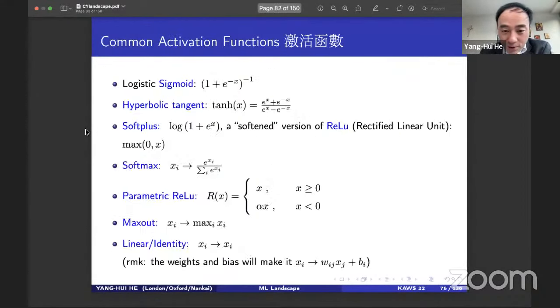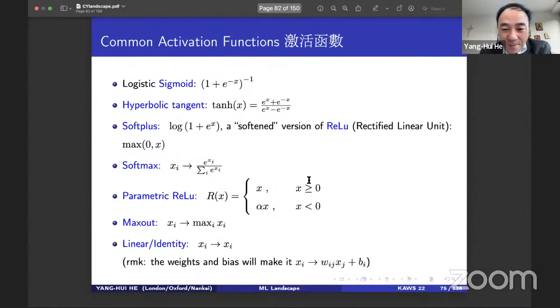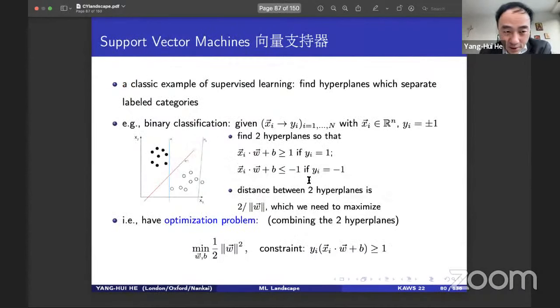I told you I divided it into supervised and unsupervised learning. There's another one, which is sort of my favorite thing, and that's not a neural network, and it's the so-called support vector machine, which I'll mention later on. I like this one because the biggest problem with neural networks is interpretability, right? Because there are so many parameters and hyperparameters, it's very, very difficult to know exactly what's going on.